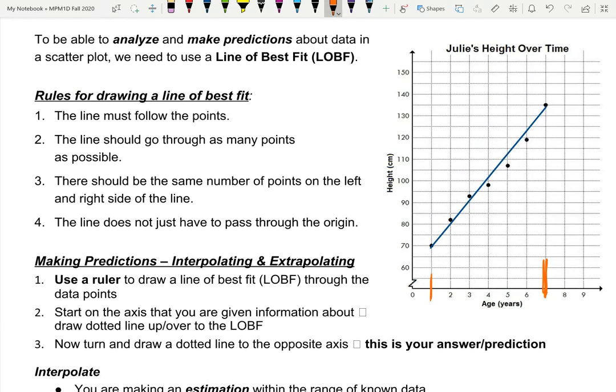If I ask you about information between age 1 and 7, I am predicting using interpolation because I'm given information between age 1 and 7. So I can use my line of best fit, which represents the information that has been gathered.